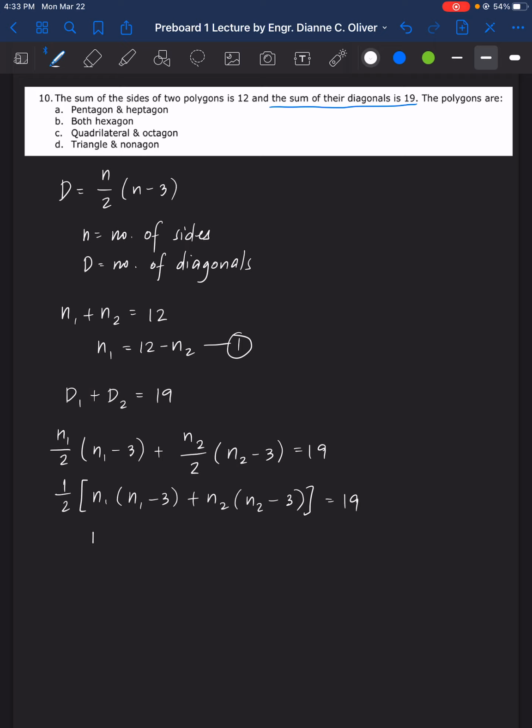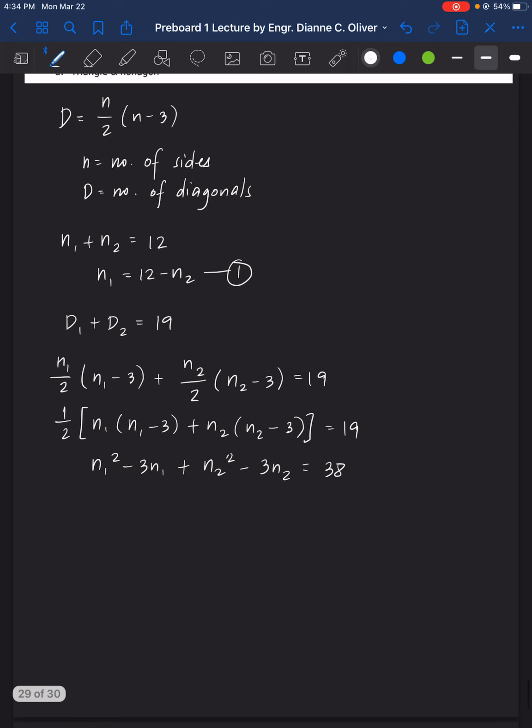Therefore, this is n1 squared minus 3n1 plus n2 squared minus 3n2 is equal to 38. 19 times 2 is 38. So this is equation number 2.